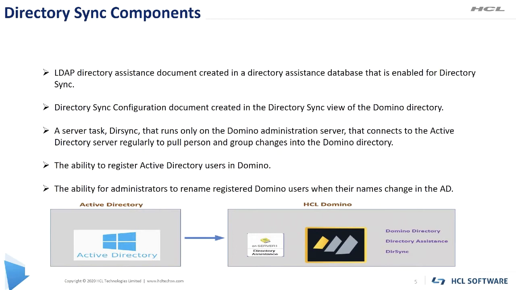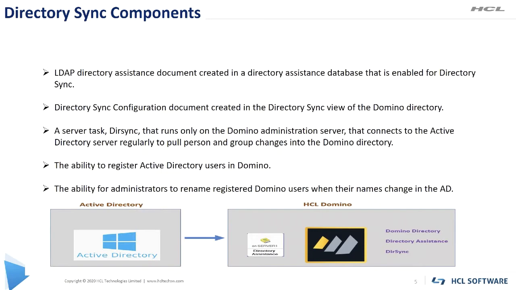This document contains all the settings related to DIRSync. Another important component of directory sync is the server task, which is DIRSync. The task runs only on the administration server of the Domino directory, which connects to Active Directory regularly to pull user and group changes to the Domino directory.